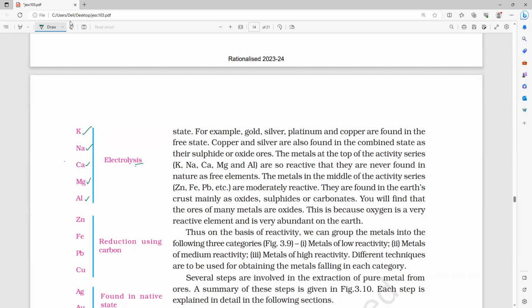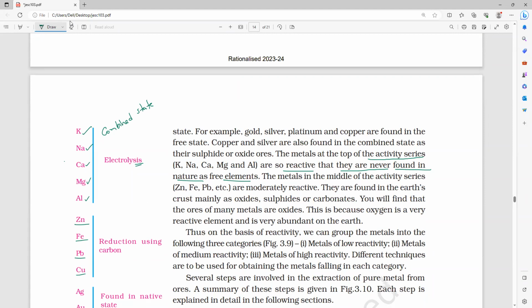For the extraction process, what do we undergo? The metals at the top of the activity series are so reactive that they are never found in nature as free elements. Always they will be present in the combined state. Then the metals in the middle: zinc, iron, lead, and copper.